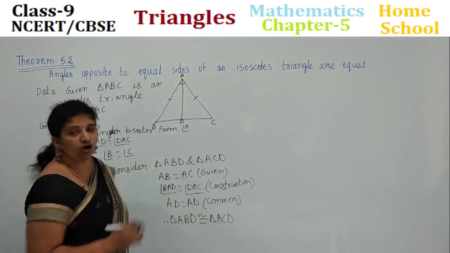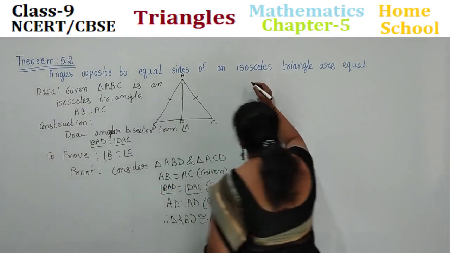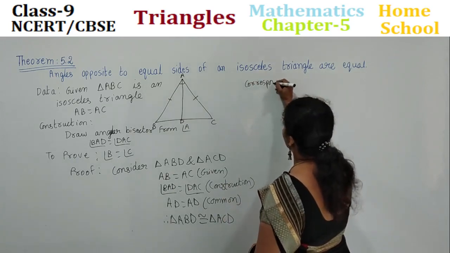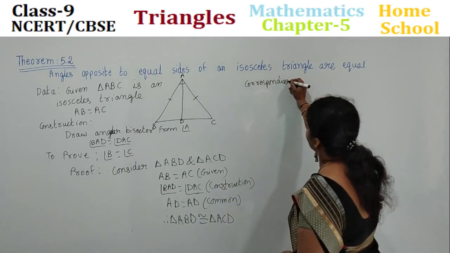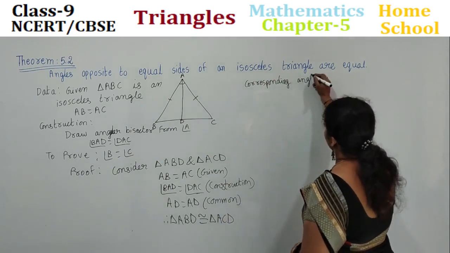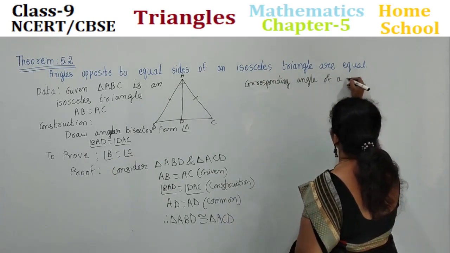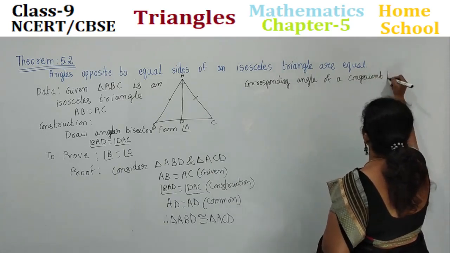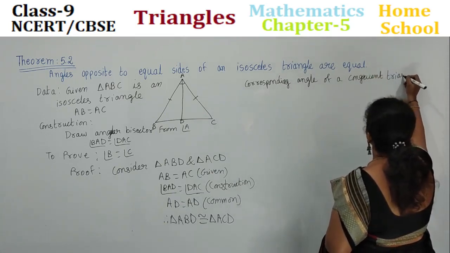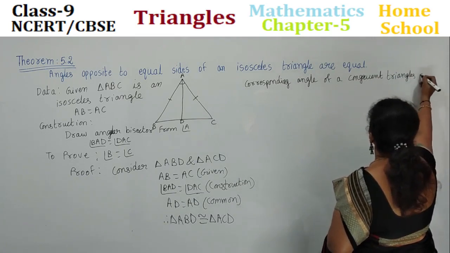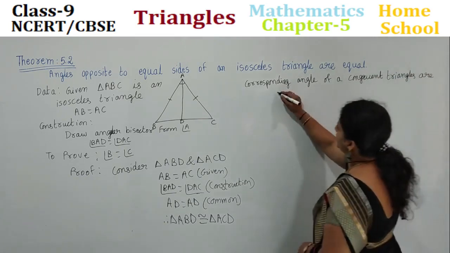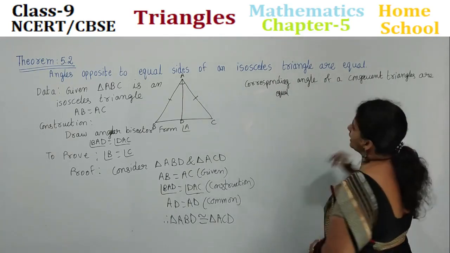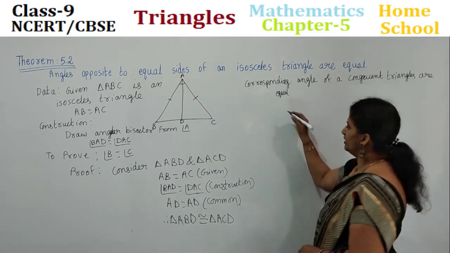If they are congruent, what can you write here, children? Corresponding angles of congruent triangles are equal.